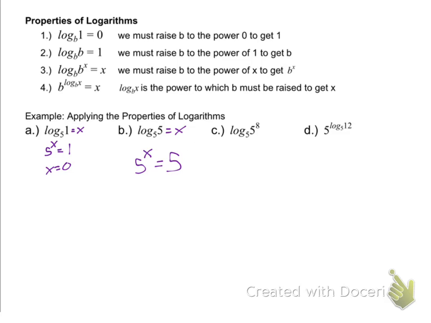Well, the only way, and remember that's 5 to the first power, only way for these two numbers to be the same, with their bases the same, is if their exponents are the same. So that means if I was to simplify this or evaluate, log base 5 of 5 is just 1. I wouldn't even say x equals 1 because we introduce x. So it just equals 1. What about C?